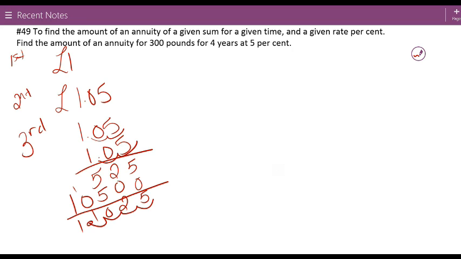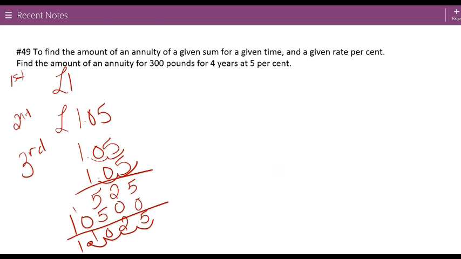That's the value for your third year. Then for the fourth year, our interest is going to be this value times 1.05.